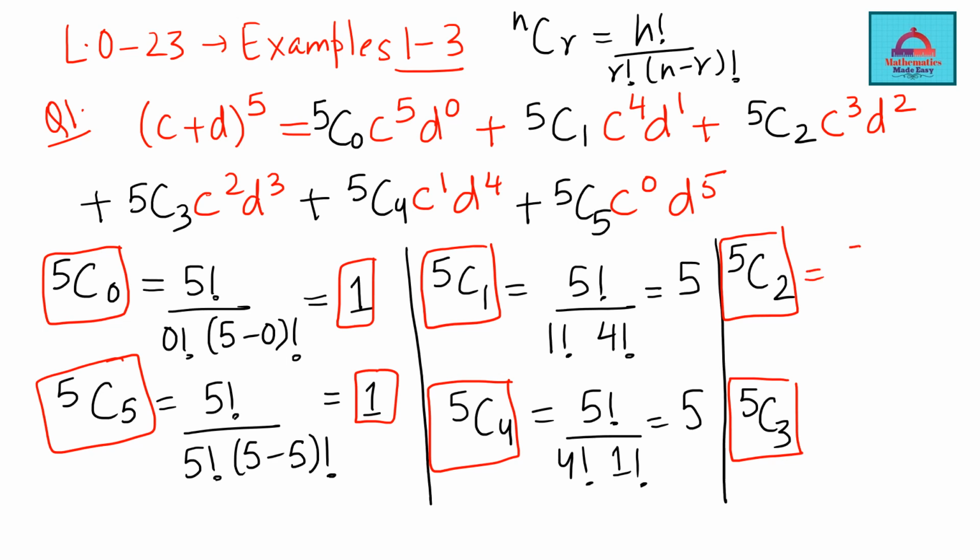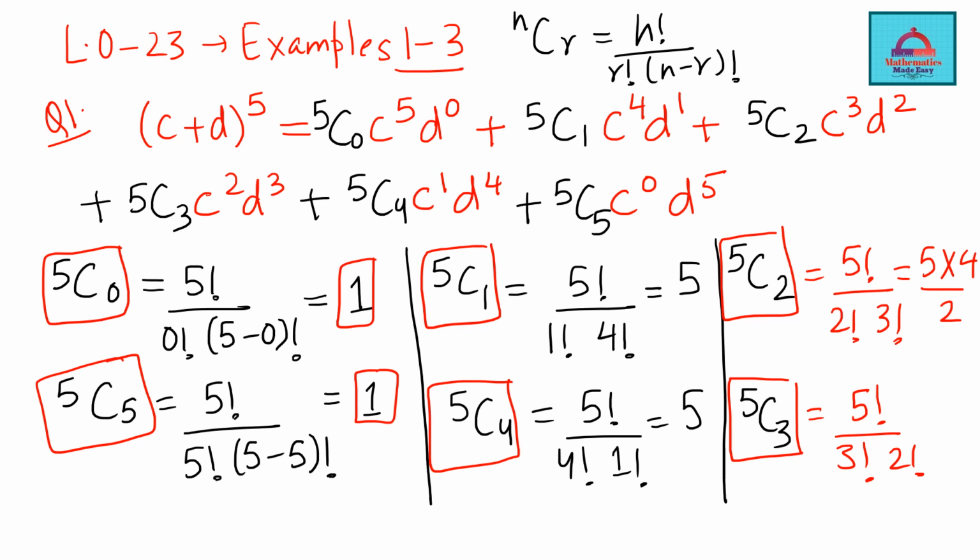And as you will see in the next few minutes, these two are also symmetric. So 5 factorial over 2 factorial times 3 factorial, and this is 5 factorial over 3 factorial times 2 factorial. This is going to be 5 multiplied with 4 over 2, which is 5 multiplied with 2, which is going to be 10. So these two values are also equal.